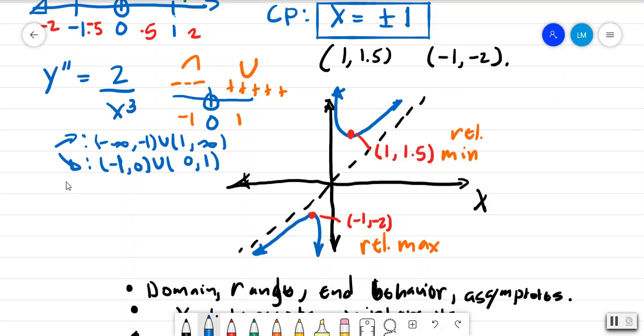And then you have the concavity, so it's concave down from negative infinity to 0, and then it's concave up from 0 to infinity.